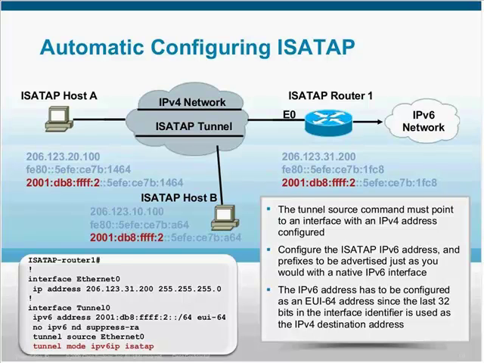Next, we configure the tunnel source, referring back to Ethernet 0, which is our interface facing the IPv4 network, and we then set the tunnel mode to ipv6ip isatap to specify that this is an ISATAP tunnel.